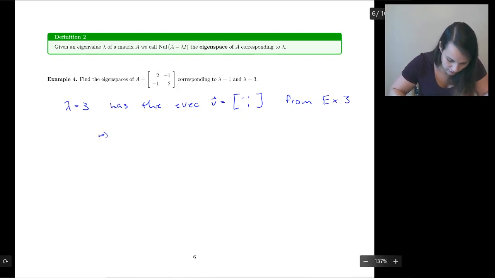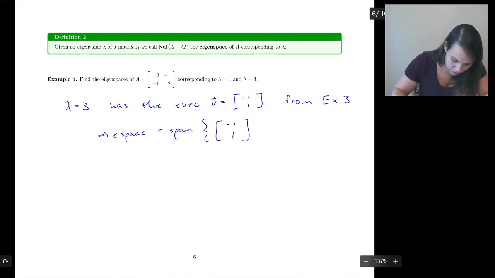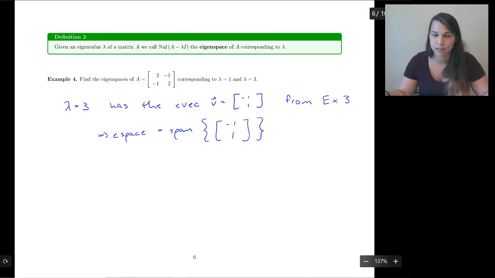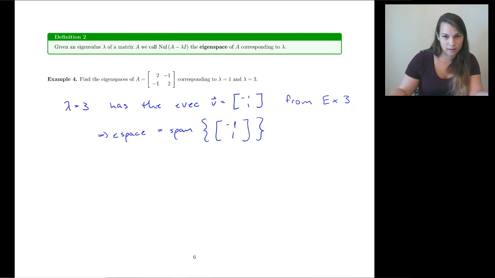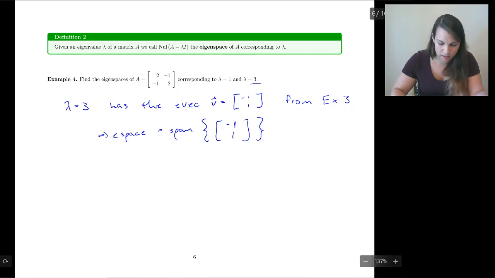So then the eigenspace is equal to the span of just -1, 1. Because remember, we had v2 multiplied on the outside, and then we just picked v2 to be 1. So any linear combination of -1, 1 is going to be the eigenspace for A associated with lambda 3.